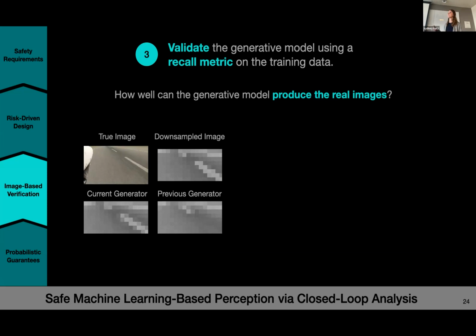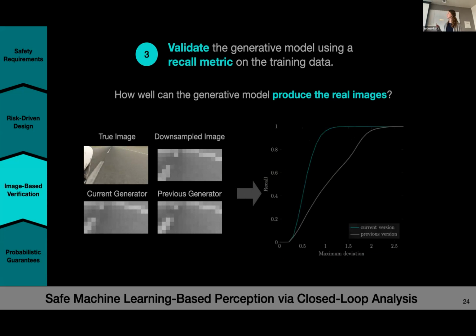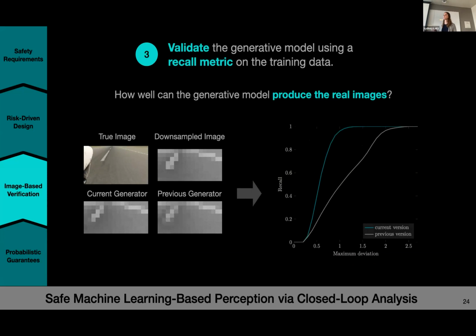And on the right, I'm showing a previous generator that we trained that doesn't seem to be doing as well at capturing the set of plausible inputs. It seems to miss key regions of these images and just doesn't approximate the space as well. If we compute our recall metric on both of these models, you can see that the recall for the current generator is much, much higher. So we're able to distinguish the fact that this generator is doing a much better job than the previous one.